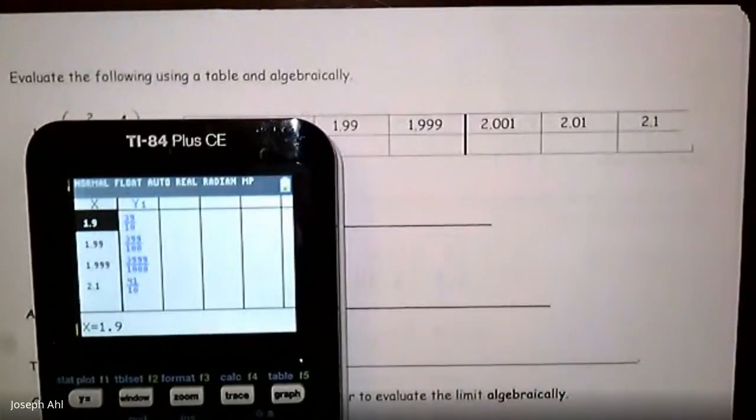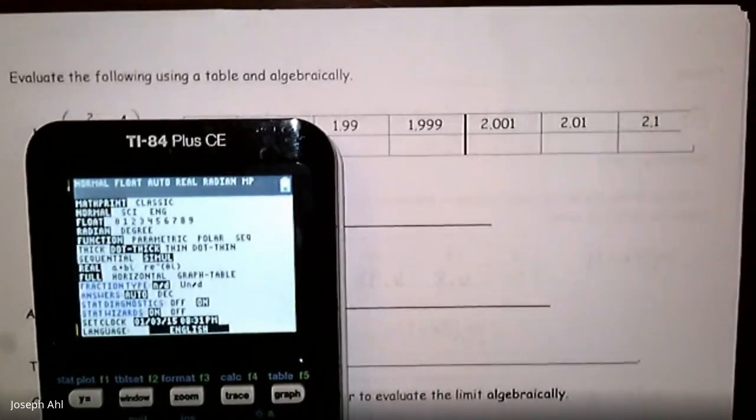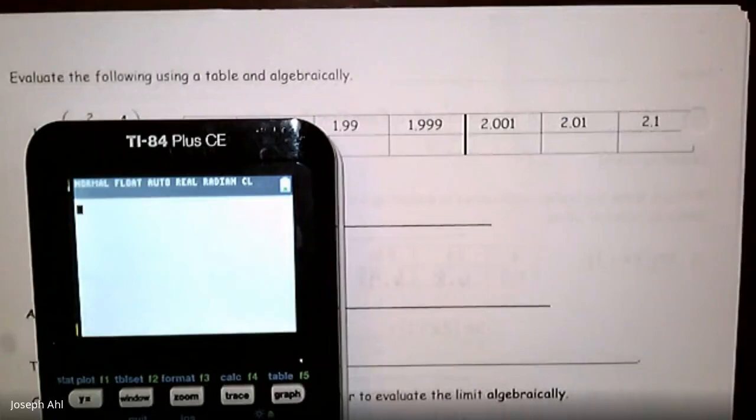I somehow got these fractions, which I don't want. Let's see. How do I convert these to decimals? I know a way to do that. Let me think. Do I want classic? Instead of math print, maybe I want classic.